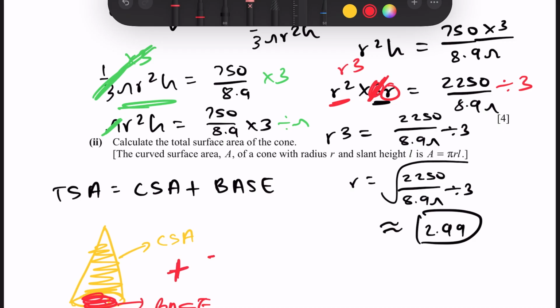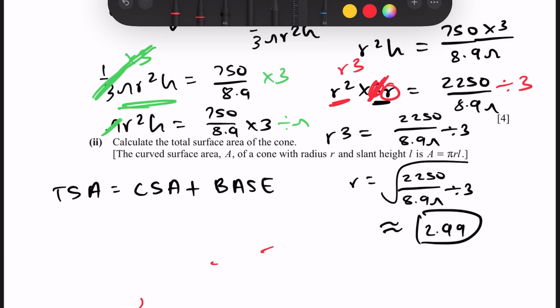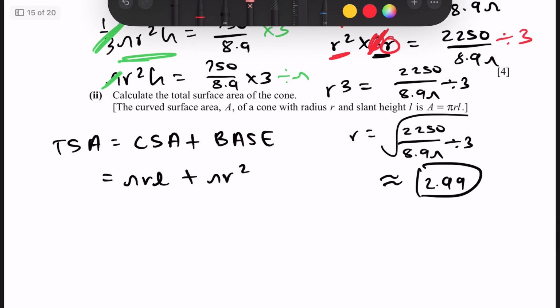So when we add these two, we get our TSA, since that's the total surface area of the cone itself. And since the curved surface area, as shown in the question itself, is equal to pi r L, where L is the slant height, and the base is equal to pi r square, this is equal to the TSA.